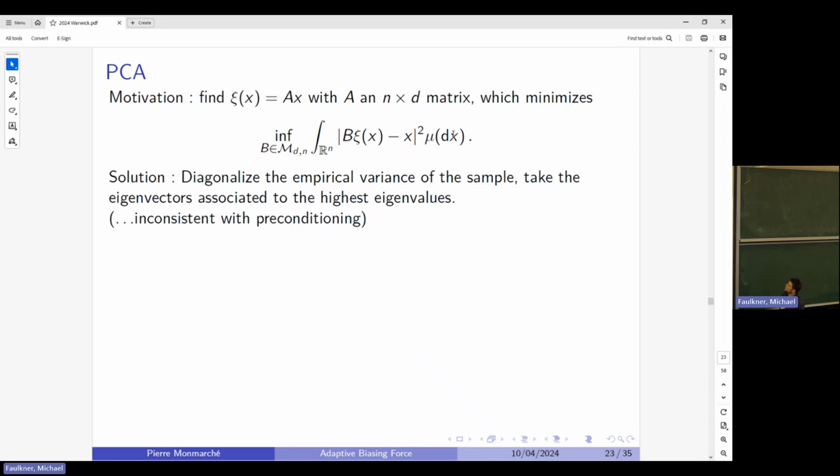Okay, now just a thing about PCA. This makes sense if X is really the problem you are interested in. If you precondition X by first doing a linear transformation such that all the coordinates of X have the same variance, which is better for sampling, then you completely lose the initial problem of interest, and so PCA makes no sense in that case.